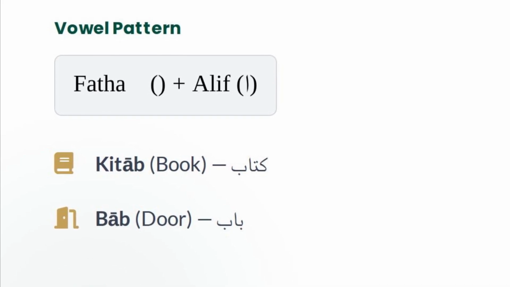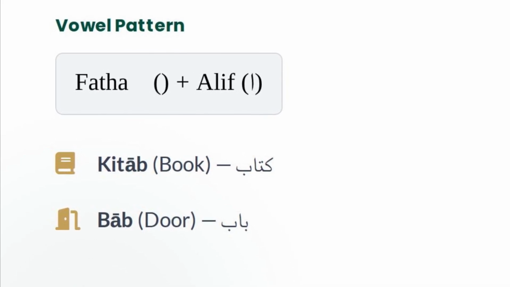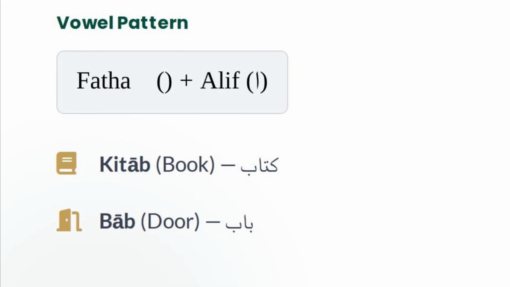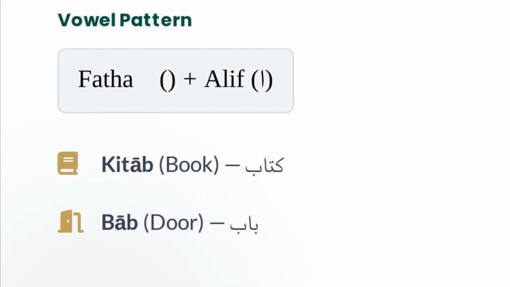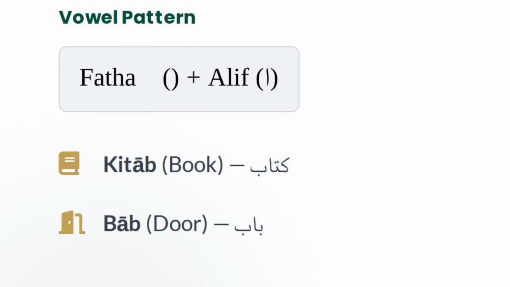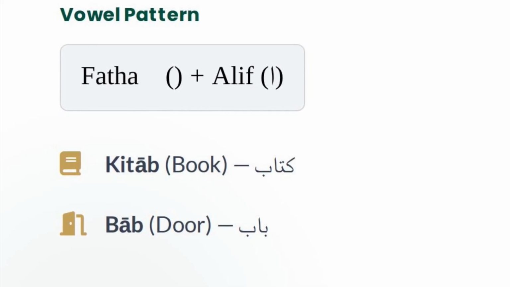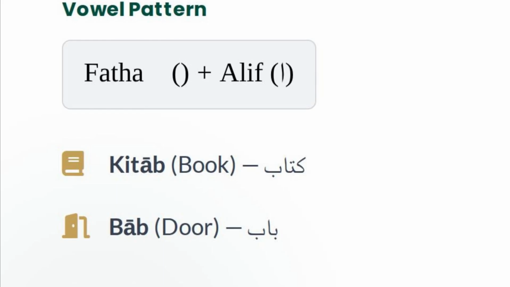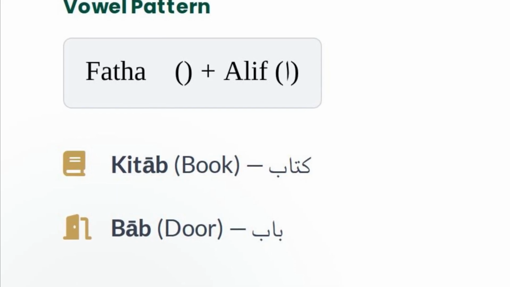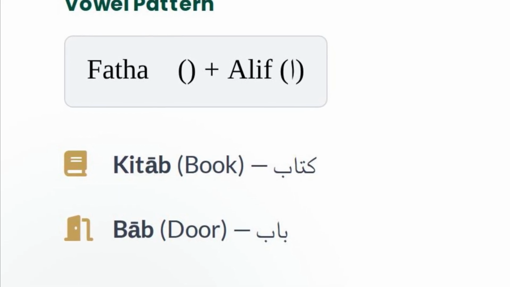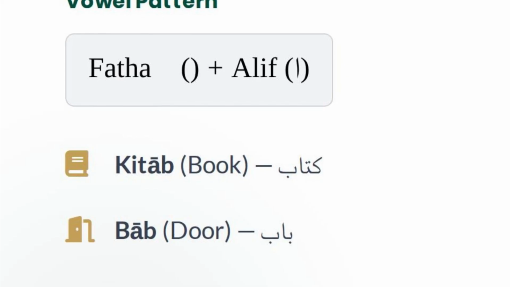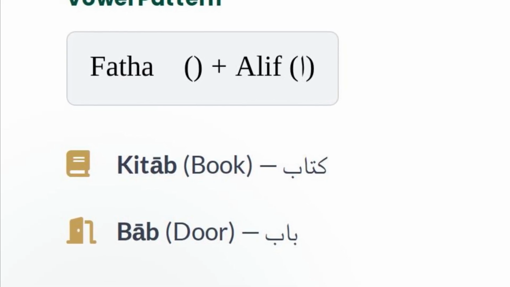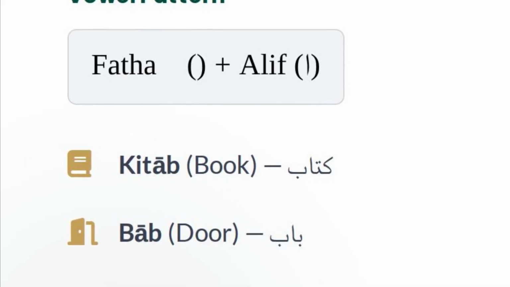So this alif, we put it after the letter we want to have a vowel on. It's in contrast with the short vowels. Short vowels are just symbols, but long vowels are letters. If you want to think about the long alif, it's like a long fatha.